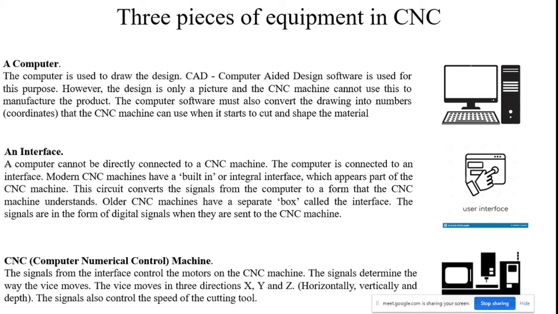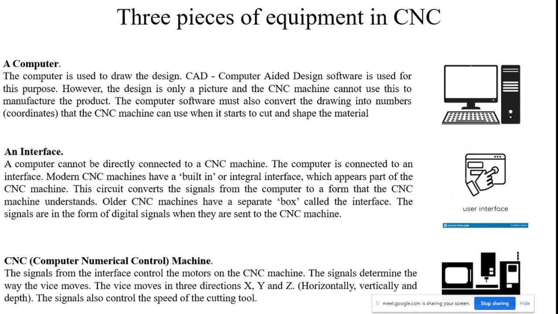Likewise, a lot of coordinate systems are available. So the computer software converts the drawing into numbers that the CNC machine can use when it starts to cut and shape the material. The computer plays a vital role in giving instructions to the machine, with the coordinate system available in the CAD software and the machine.